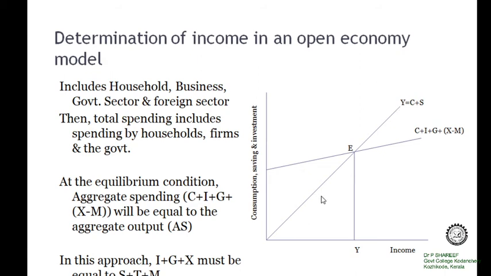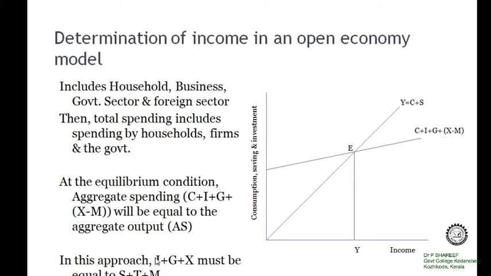The aggregate spending consists of private consumption expenditure, investment expenditure, government expenditure, and net exports. Thus, at the equilibrium level, Y = C + I + G + X - M.